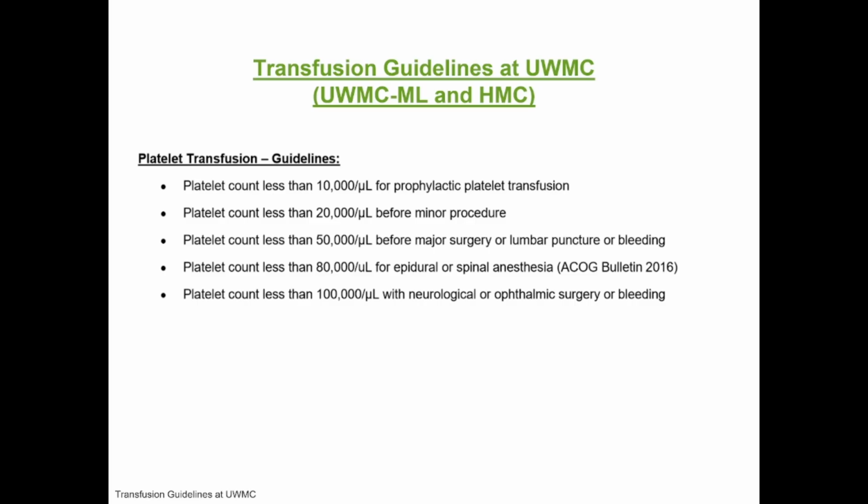Again, take a look at them when you get a chance. They have really nice lists. Another thing that might be helpful is that you need platelet counts in general of greater than 80,000 for epidural or spinal anesthesia.